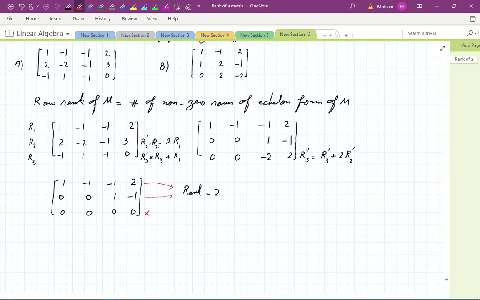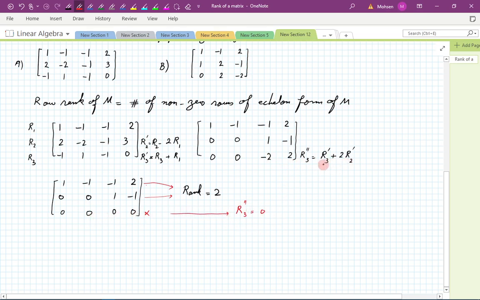The word dependence and independence is going to come up in the next chapter, next section, but right now we can get a feel for it. Let's see what happened here. I am adding this row to twice that row, and all got wiped out. So R triple prime 3 became 0. Is that right?